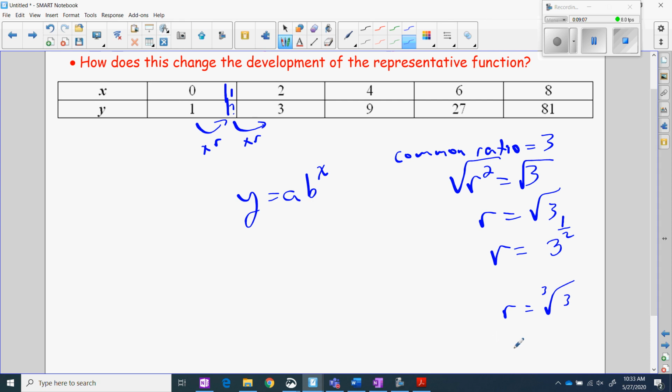Well, then r would have been 3 to the 1/3. Again, the denominator here would have coincided with my scale here. So here's a real nice, easy way to fix. So all of this, again, hopefully you understand why I'm doing this, etc. But here's a nice little trick that fixes everything.